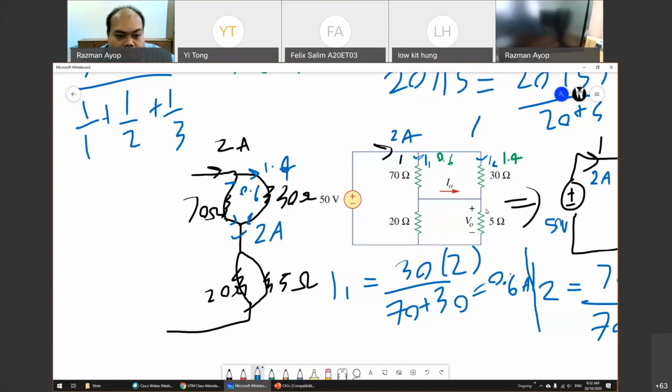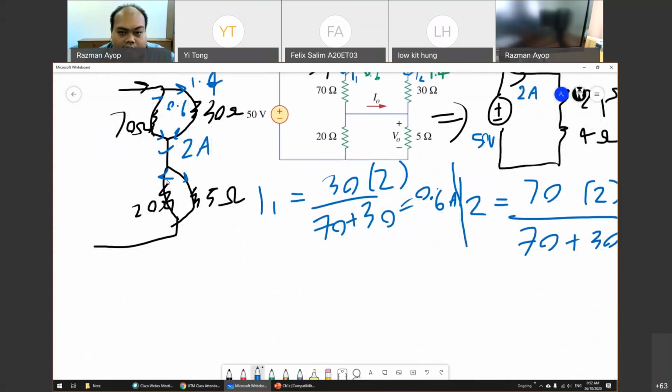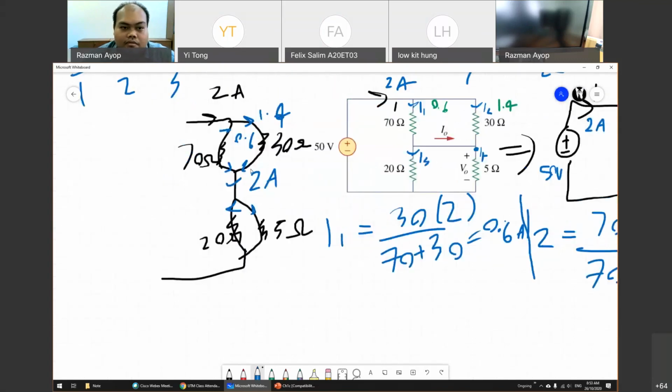So if you divide it again, you have to use Kirchhoff's current law to get the I3 and I4. So basically, you use 2 ampere as the total current here. This one is I3, I4.